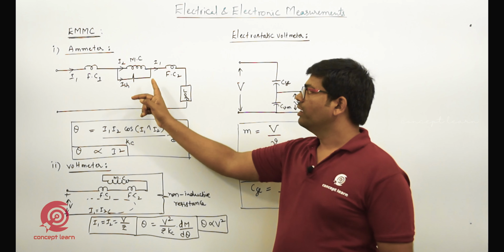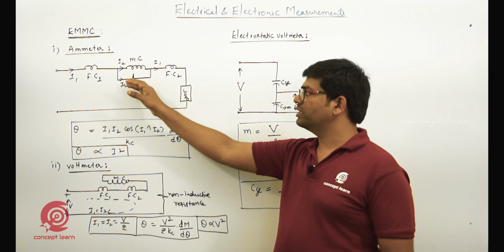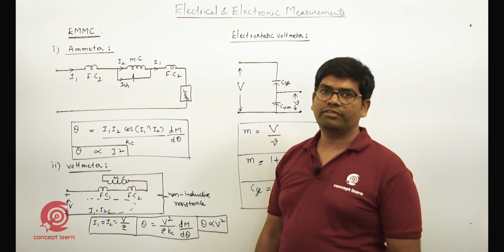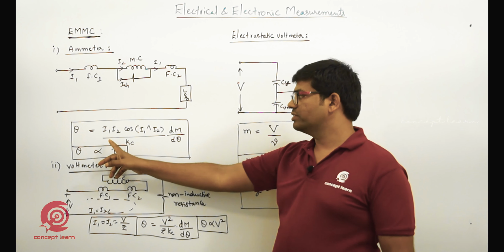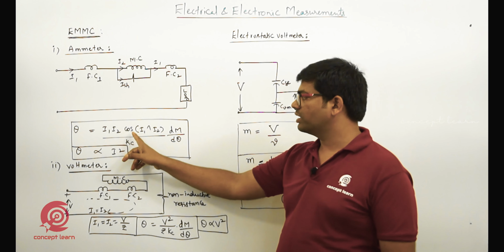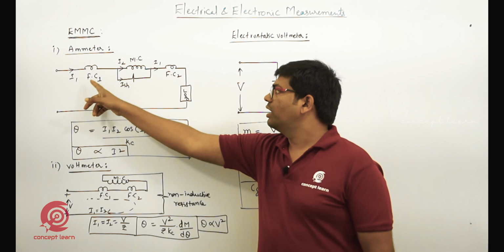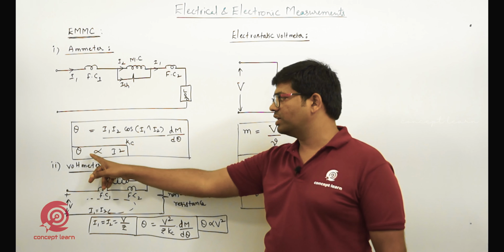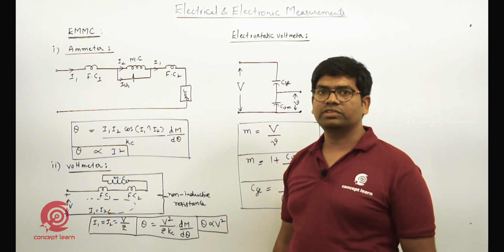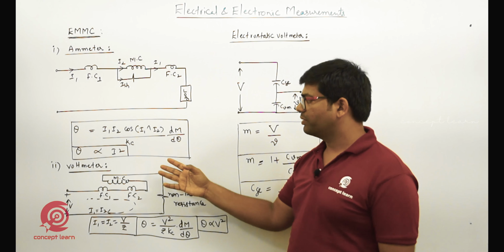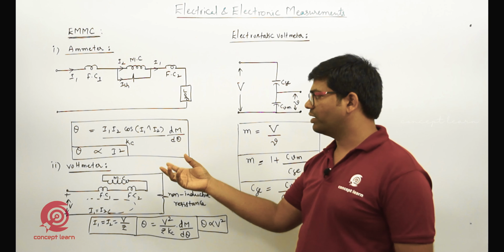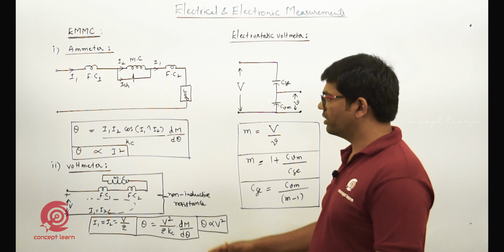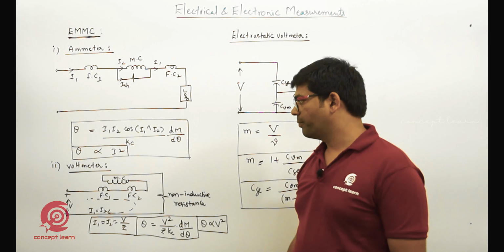For the moving coil, we place a shunt coil so that the multiplying factor is independent of frequency, and we get this relation: I1 I2 cosine of the phase angle difference between I1 and I2, into dM by dθ. And if you notice, in the final result the deflection is directly proportional to the square of the current passing through it. I1 I2, you can even write as I square, a square law instrument, so the scale is non-linear, and you can measure both AC and DC current.